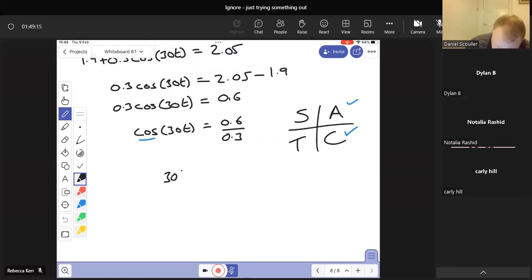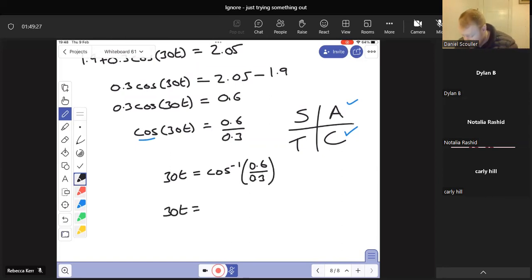So 30t, cos to the -1. It's already positive, don't need to do anything there. So I'm going to get an answer for 30t out. Again, I've not moved that 30 over, not done anything with it, not worrying about it. What have I done wrong here?